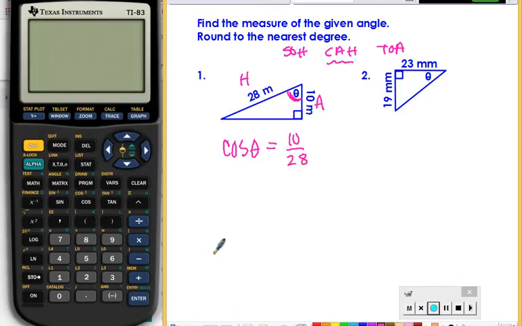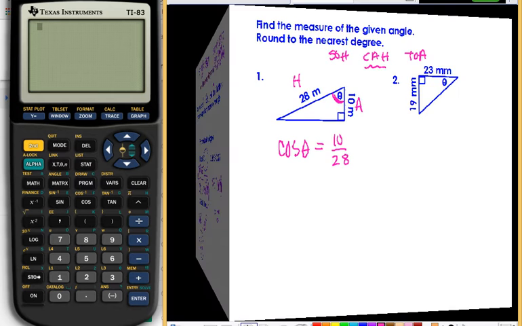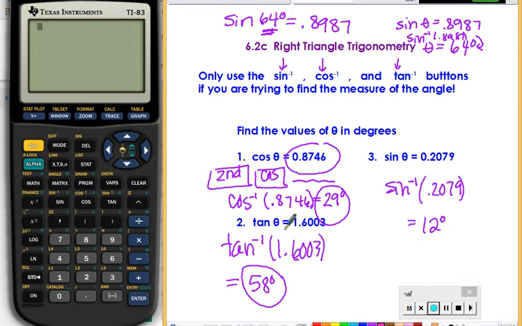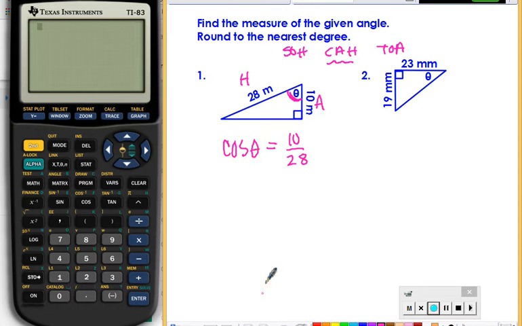Now, when we did this on the previous part, we had a decimal to plug in. You can plug in a fraction the same way. We want to know what angle has a cosine of 10 over 28. Anytime you're trying to find the angle, you're going to use the inverse cosine, the cosine -1. On the previous page, this was the decimal, so we just typed in the decimal.